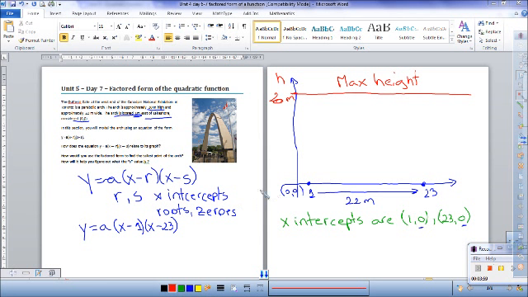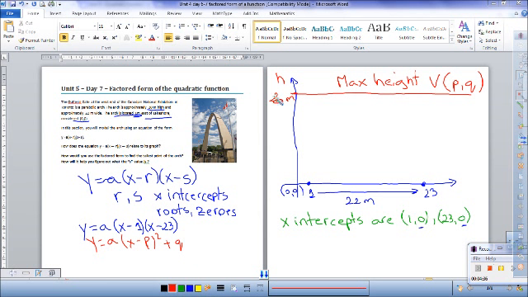Now, I want you to think about the vertex form of a function. When we heard the word maximum or minimum, what did we usually think of? If you have answered vertex and vertex form, you are correct. The vertex is given by P and Q. So the vertex form of a function is y equals a times (x minus p) squared plus q.